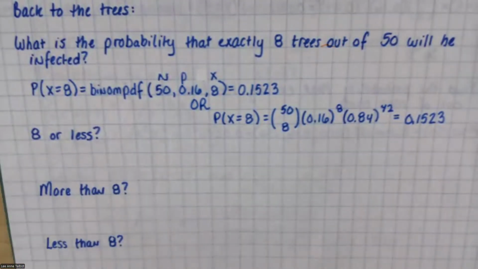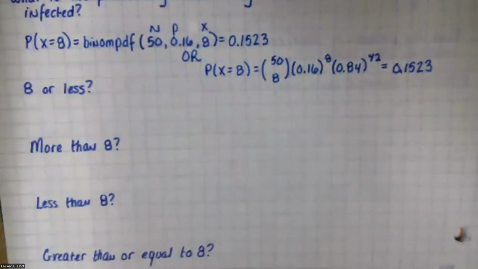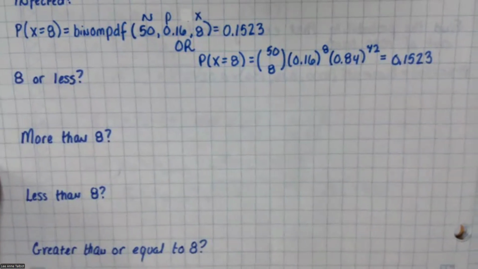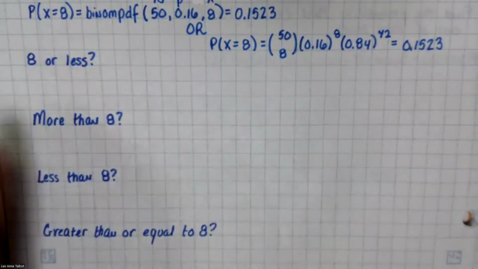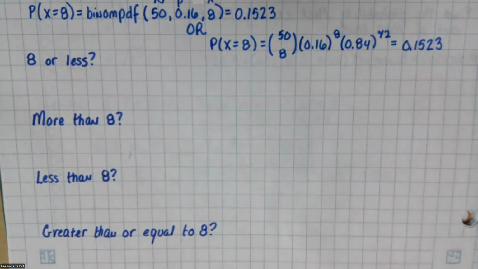Okay, do you know how to set those up? Now I just have to teach you one more thing, which is what to do with these types: 8 or less, more than 8, less than 8, greater than or equal to 8. They all have different PDF operations.